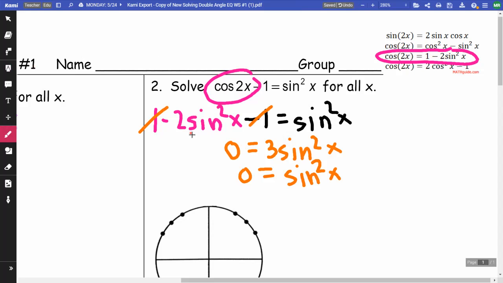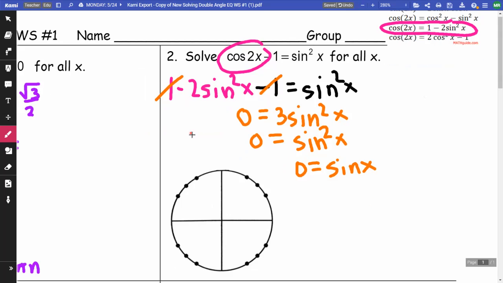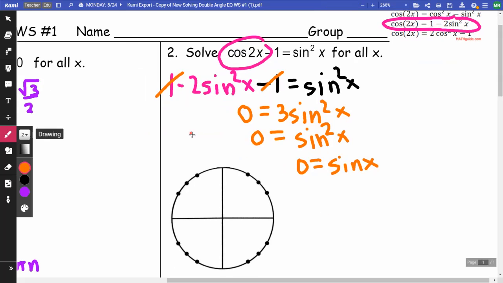I take the square root, and so when I take the square root, I get sine x is equal to 0. So I want to know where my sine, which is my y, is equal to 0. Well, sine is equal to 0 here at 0, and here at pi, and then back to 2 pi and so forth.